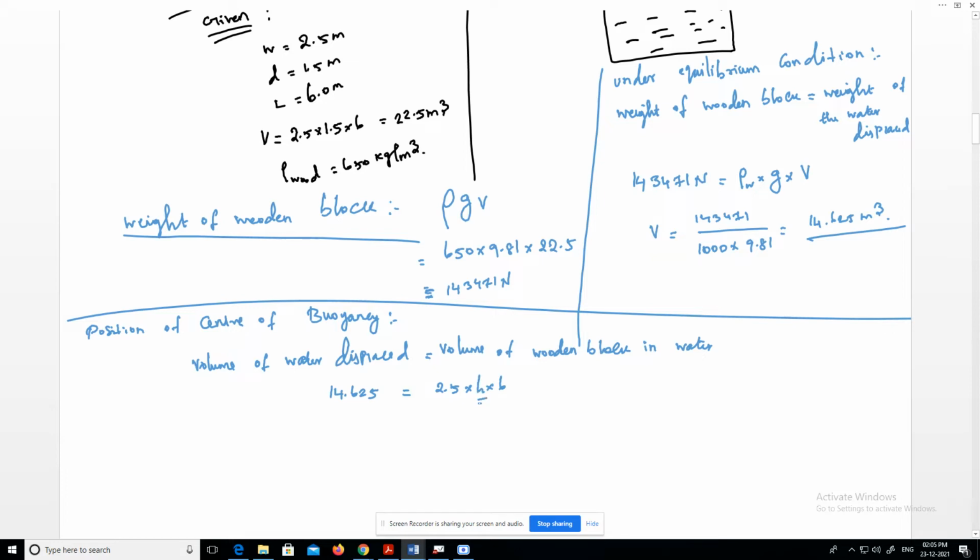The h is unknown. From that we have to find the h value, that is 14.625 divided by 2.5 into 6 is equal to 0.975 meter.